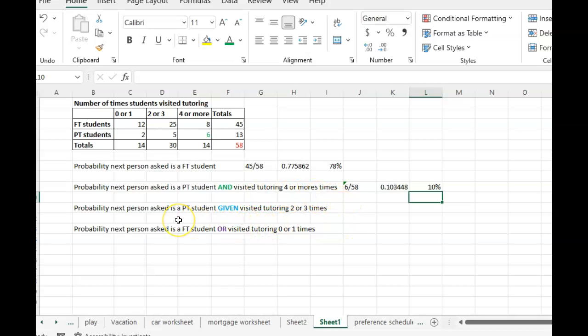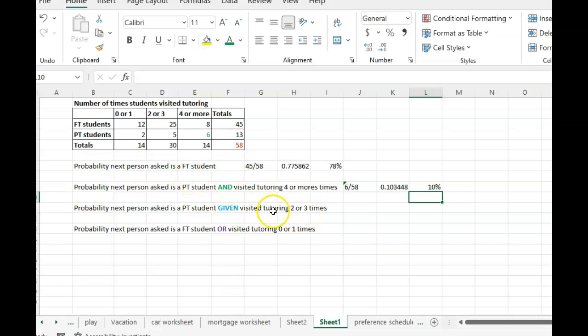This next one, probability that the next person asked is a part-time student given that they visited tutoring 2 or 3 times. When we use given in these questions, that means that's a foregone conclusion, that information has already occurred, we already know what happens, and we only care about people in this category.